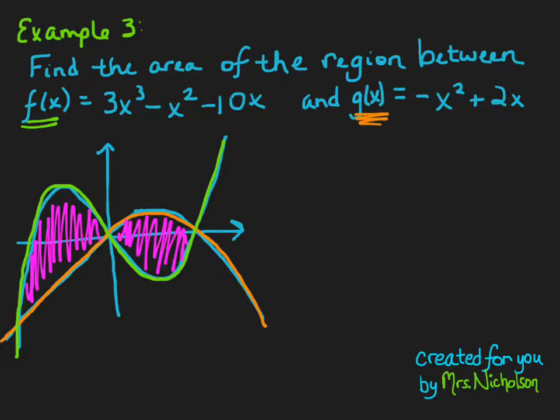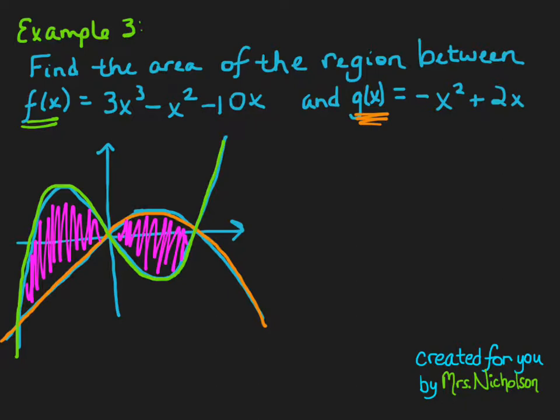The cubic graph is on top, the quadratic graph is on bottom. But when I look at the second region, the top graph is actually the quadratic graph, the orange, and the bottom graph is the green graph, or the cubic. And so what that means is that my top and bottom are switching as I go from one region to the next. And so here we're going to need to do two separate integrals, one for each region on its own. Now before we do that, we need to find our intersection points.